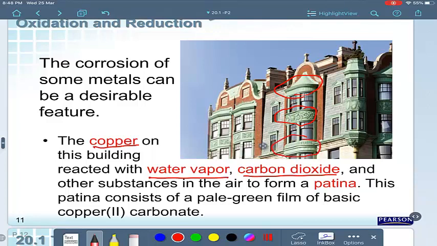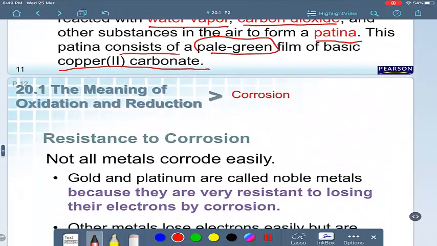We call this layer patina. Patina consists of a pale green film like this. This compound of patina is called basic copper carbonate. It makes the copper in the building more beautiful.